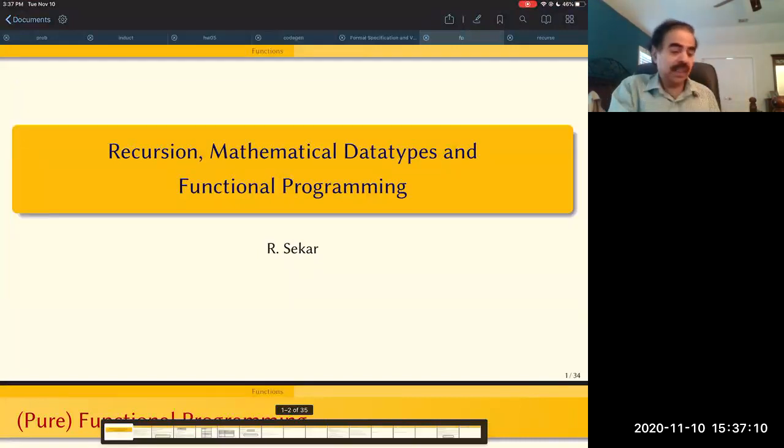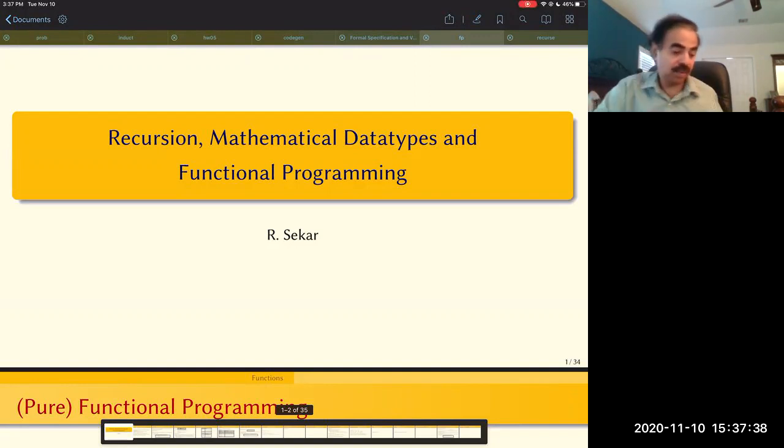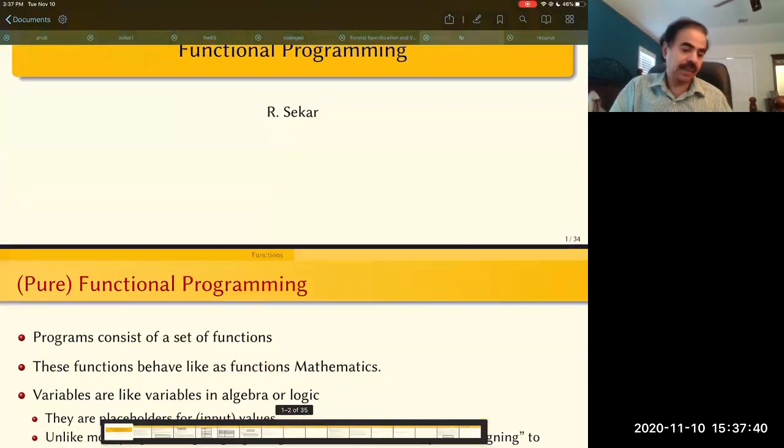Okay, so for most of the remaining lectures, we will be talking about recursion and functional programming, right? So this is sort of the last topic that we are going to cover, and it's a chance to get introduced to recursion, which is something that you're going to come across throughout your career, right?